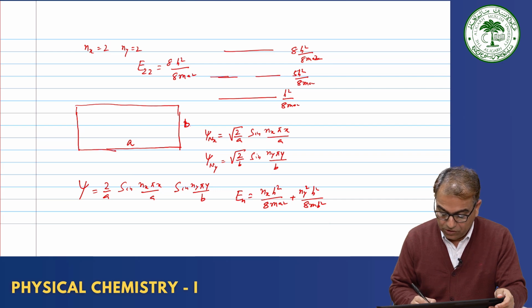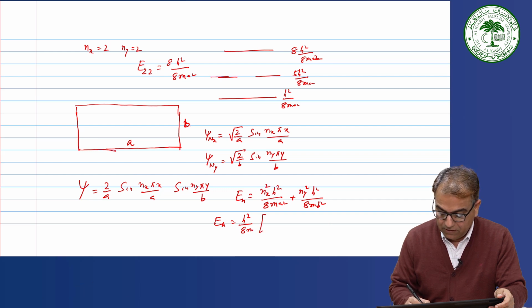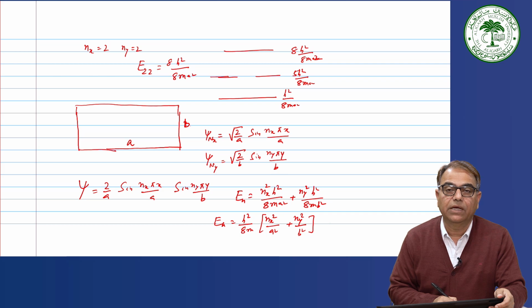Also, now h square divided by 8m you can bring outside, but you will have nx square divided by a square plus ny square divided by b square.